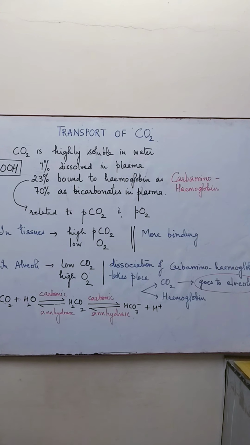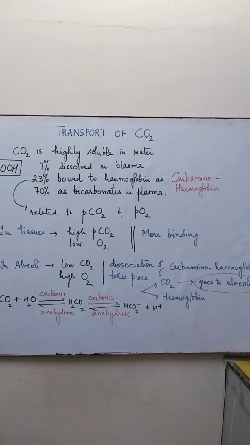And this binding of hemoglobin to carbon dioxide is related to the partial pressure of carbon dioxide as well as oxygen. Let us try and understand how.